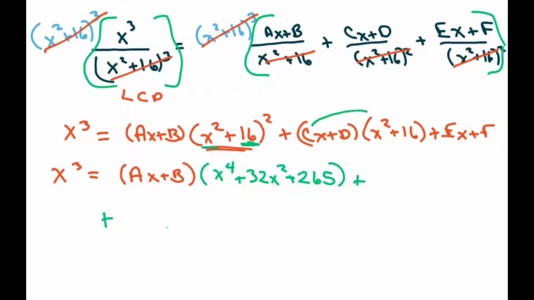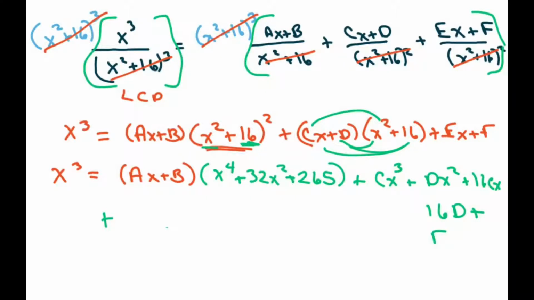You're going to get cx cubed plus, and I want to do the d next, dx squared. Then I have 16cx, and then I have the 16d. Plus we have our plus ex plus f.